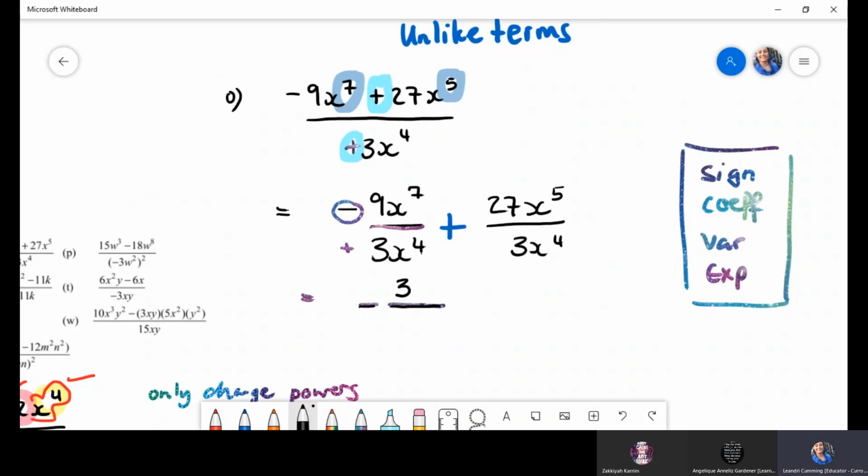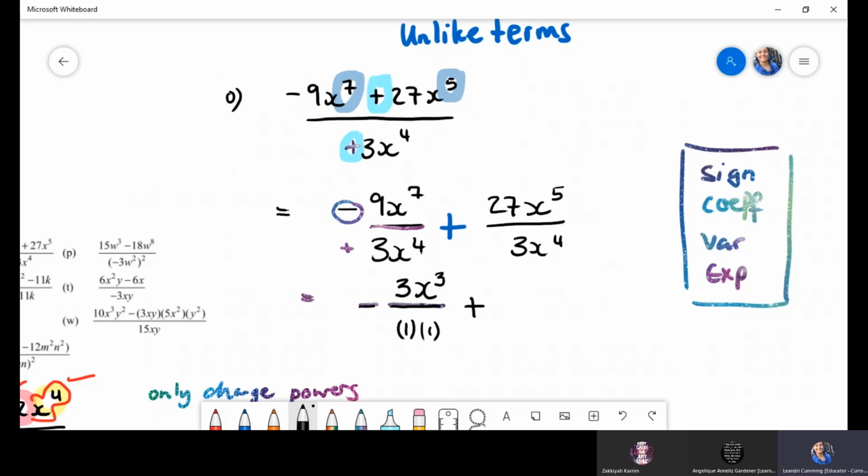I have a little placeholder here because 3 divided by 3 is 1. 9 divided by 3 is 3. Now I've got x to the power of 4. It moves up and it becomes x to the power of 7 minus 4, which becomes x to the power of 3. And then I've got my positive sign, which remains positive because I've already sorted out the sign here.